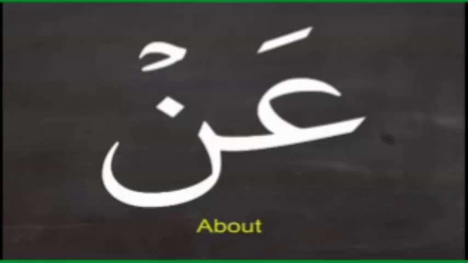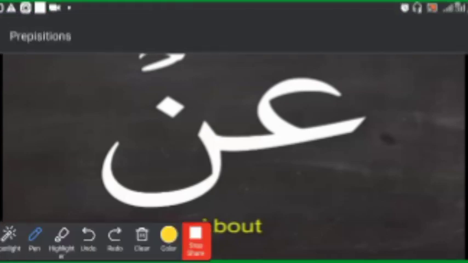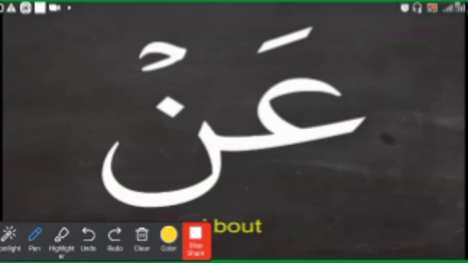The next word is an, and the word an means about. So an can also combine with different pronouns.